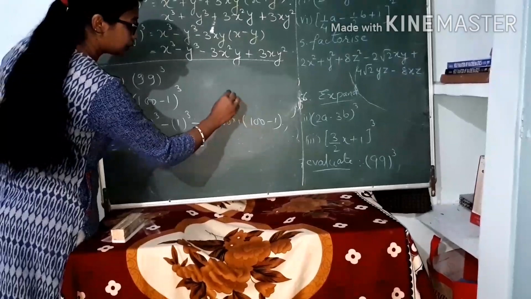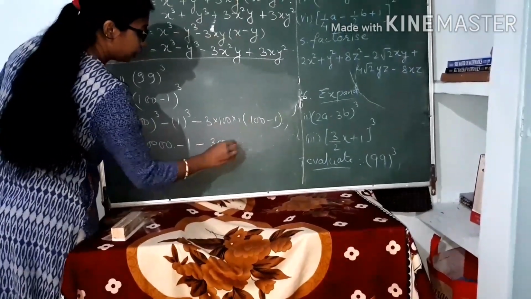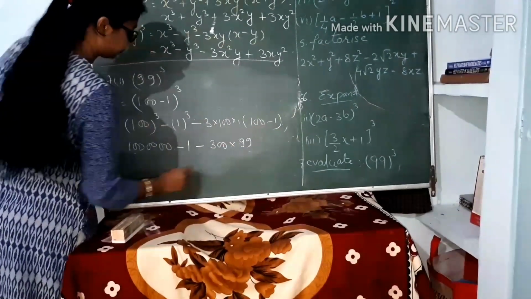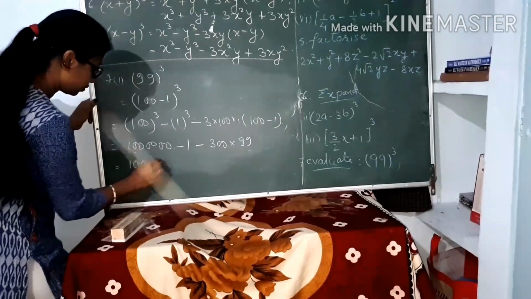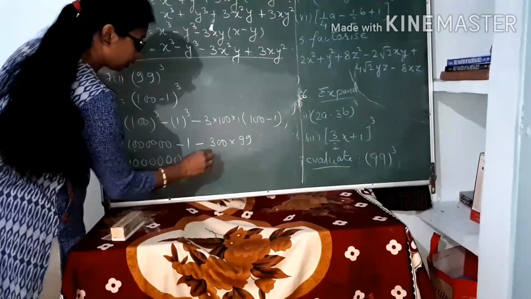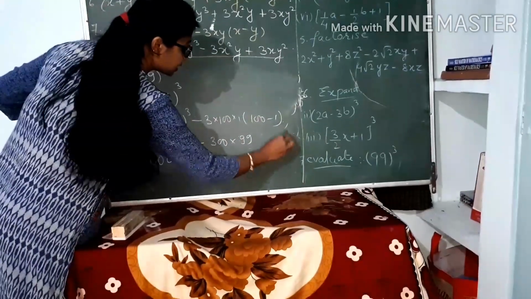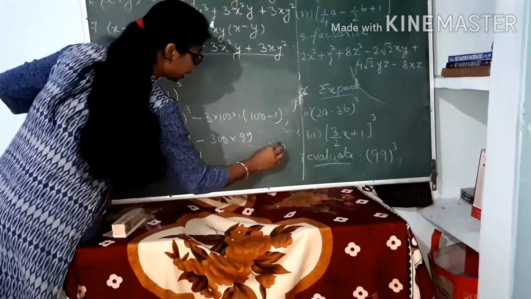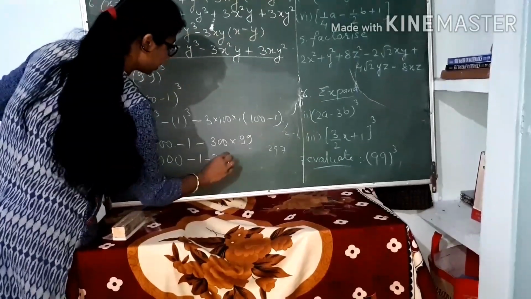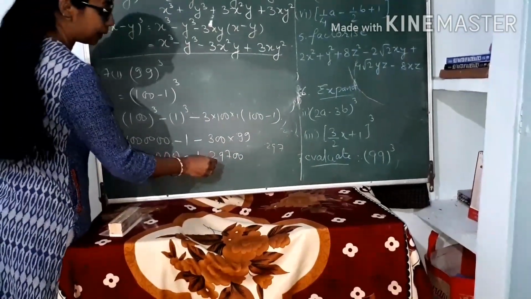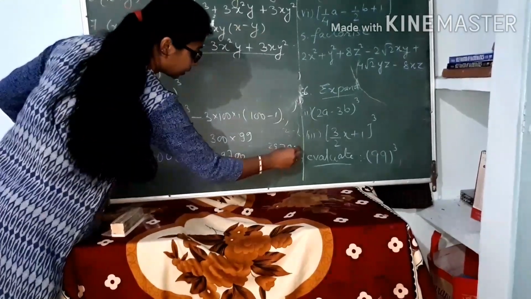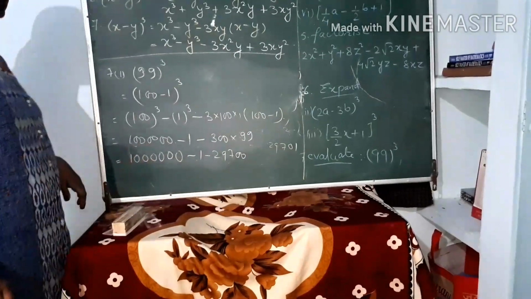Then 300 into 99. 3 into 9 is 27, 3 9 27, 29. So minus 297, 2 zeros, negative negative to be added. So when you add it, you will get 29701.